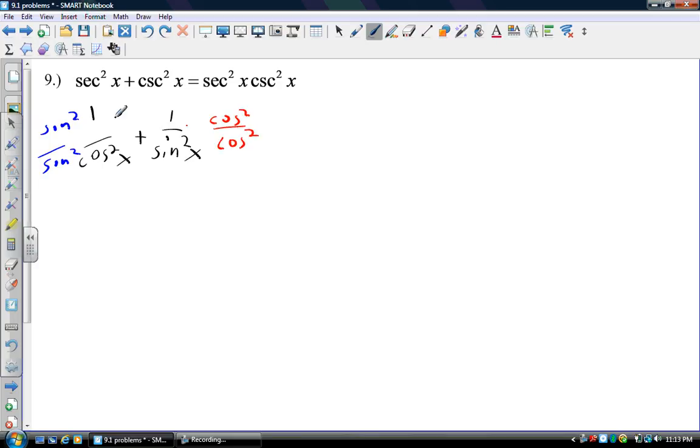So now if I were to multiply that and add the numerators, the numerator here would be sine squared times 1, plus 1 times cosine squared, just cosine squared, all over the common denominator of sine squared, cosine squared.